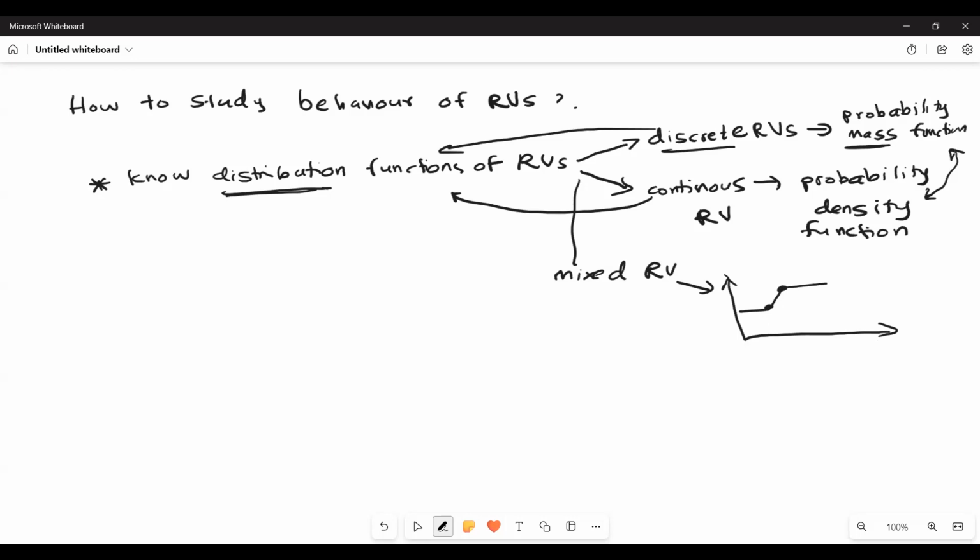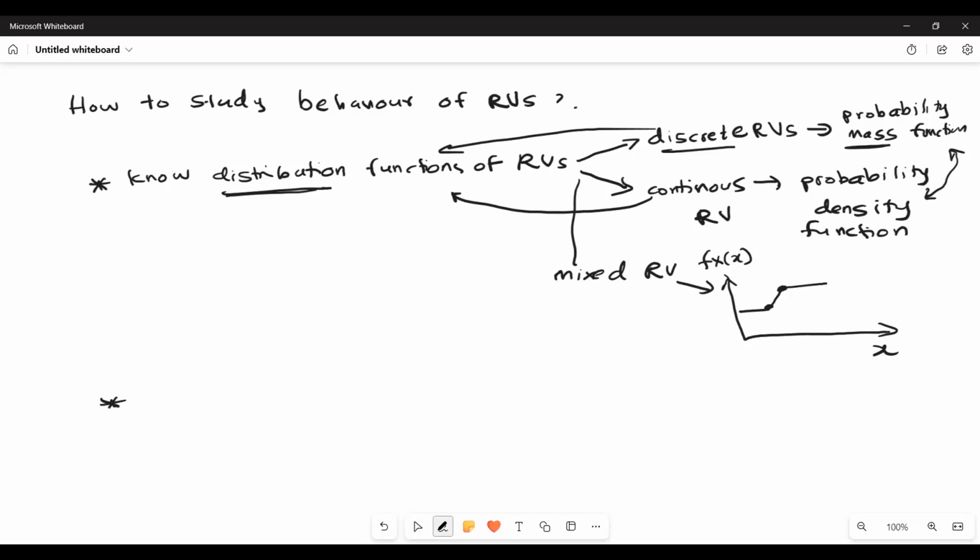So the probability function for this random variable will be defined using both the probability density function and the probability mass function. The mixed random variable is therefore a combination of discrete and continuous random variables. I think that's sufficient for mixed random variables for now.